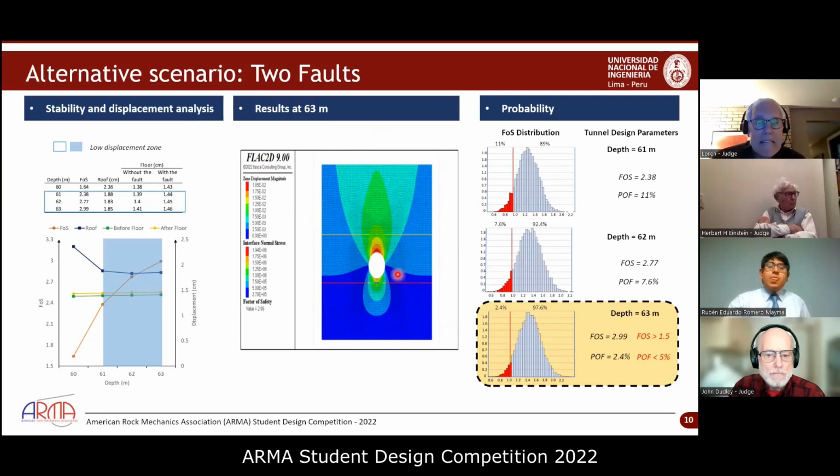Yes, the depth is very low. It's on average 60 meters, and the stresses are very low also, so the effect is less.